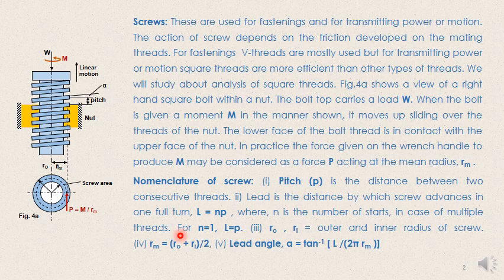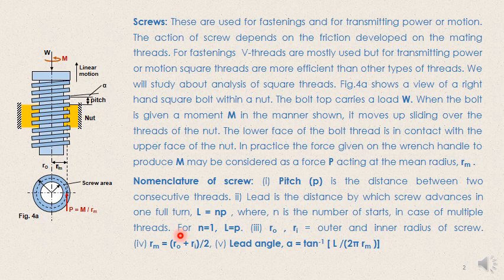So just by one or two rotations it gets attached. So there will be multiple start threads. What happens is that just by one rotation it moves much more compared to a single thread. So in many cases, multiple threads are used for quick engagement and disengagement.